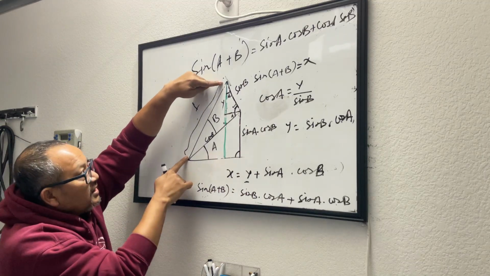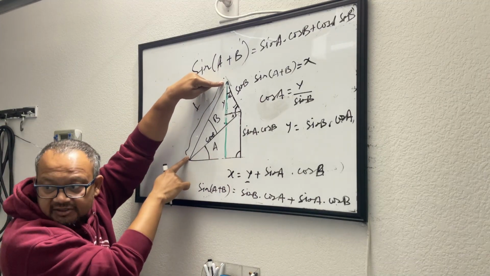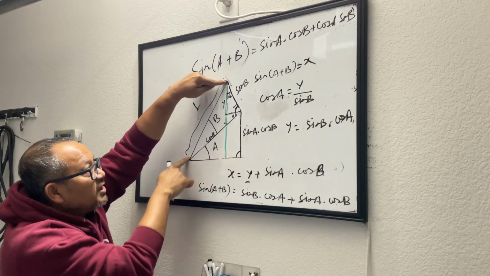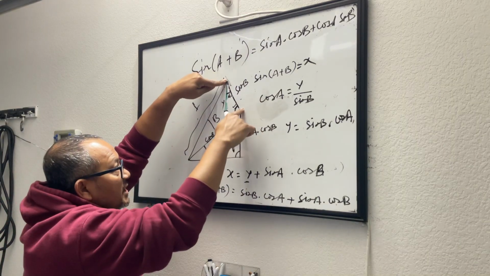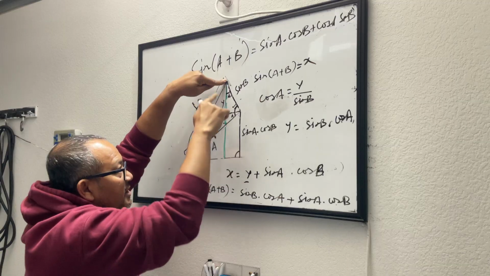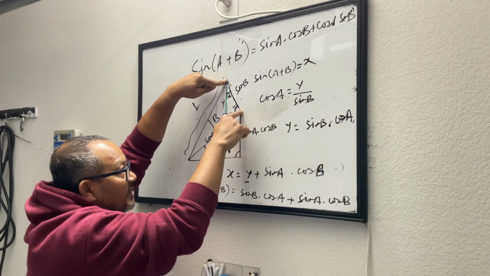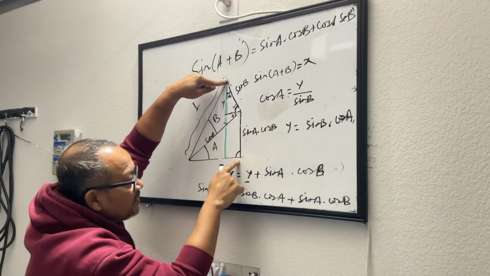We cut a length of 1 unit on this line. Wherever it is 1 unit, from there we drop the perpendicular onto this line, so this became a right angle triangle. From this point where it made 90 degrees, we dropped another perpendicular to this line.